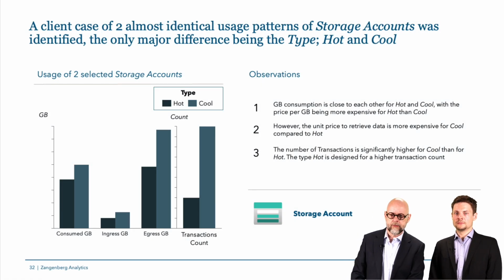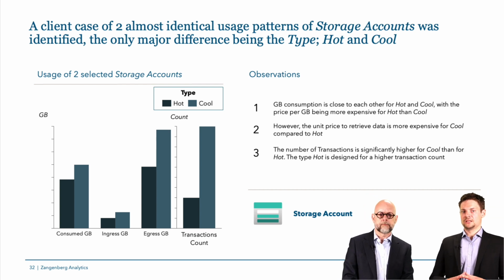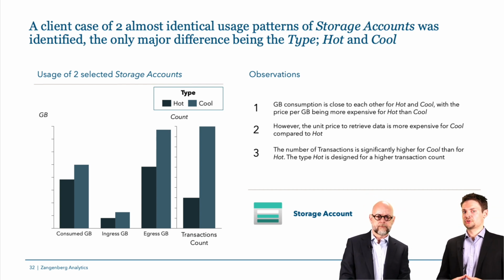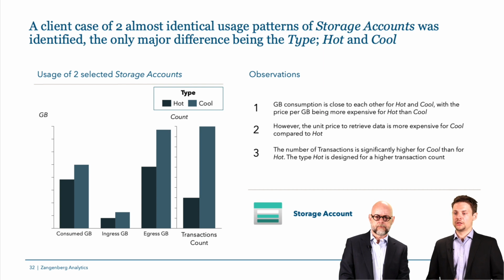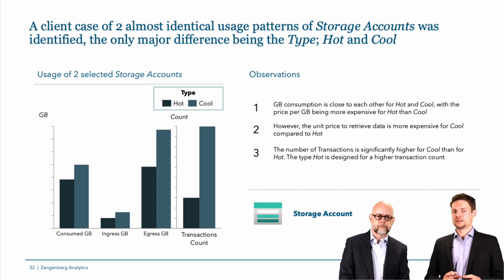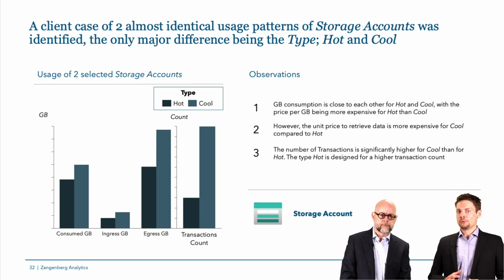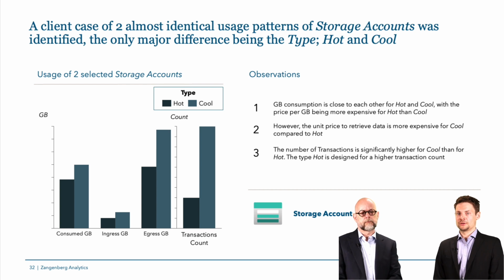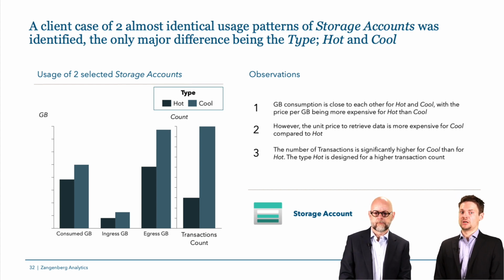This is a focus on two storage accounts. Given storage has a lot of metrics, the complexity has grown exponentially. So rather than making a lot of calculations of what could be, we found two storage accounts: the dark blue, which is a hot type, and a lighter blue, which is a cool storage account.